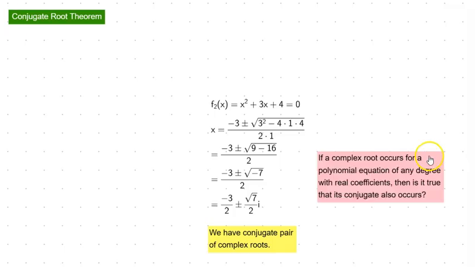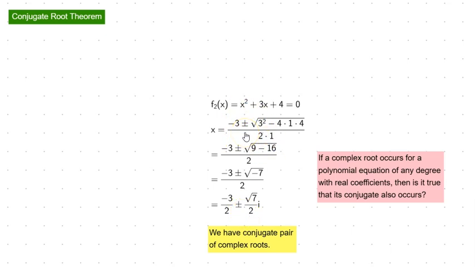Now, the question that arises is, if a complex root occurs for a polynomial equation of any degree with real coefficients, then is it true that its conjugate also occurs? In the case of a quadratic, we can say that because of the plus minus in the quadratic formula.